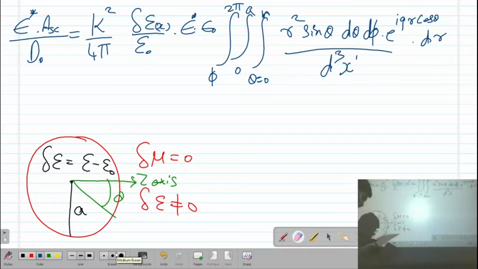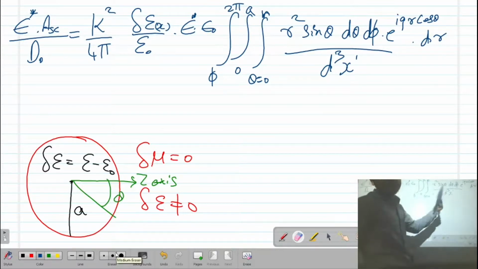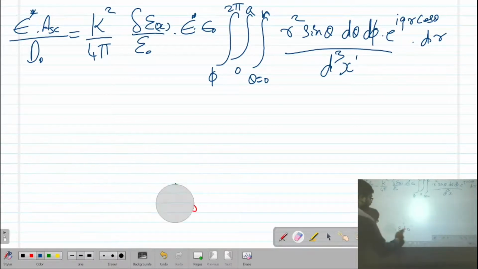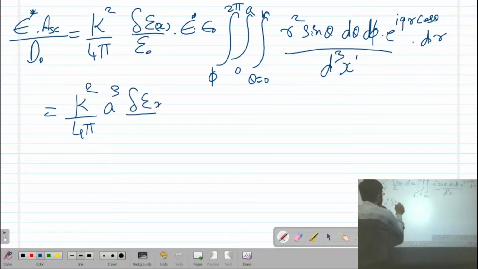Now over here we will directly take the solution of the integration. We are not going to integrate all these equations, and we will get q square by 4 pi, multiplying and dividing by a cube, so don't get confused.